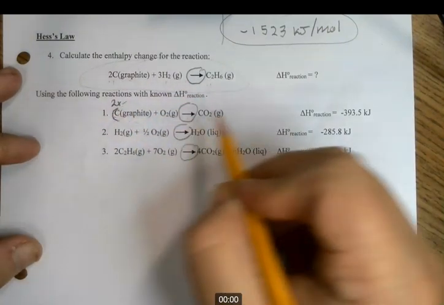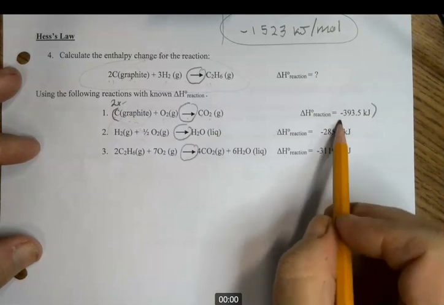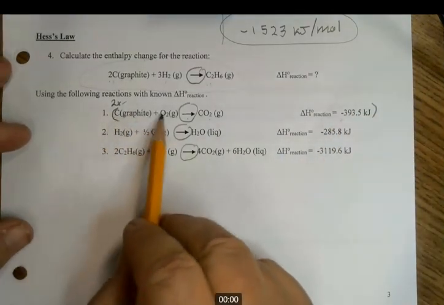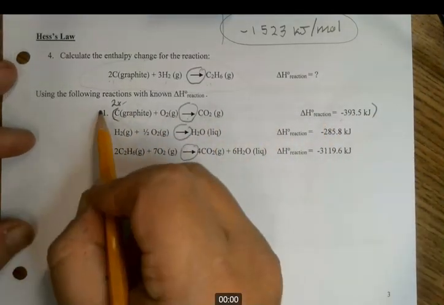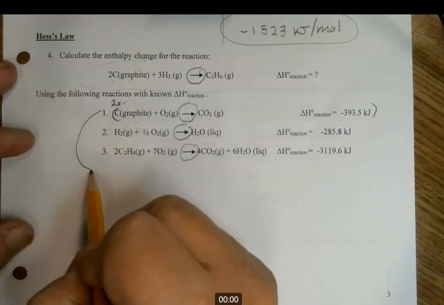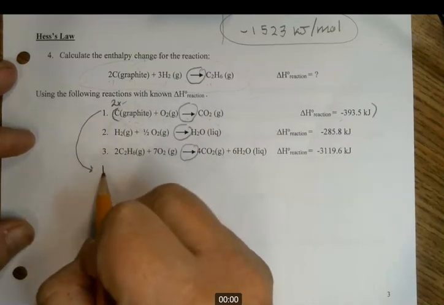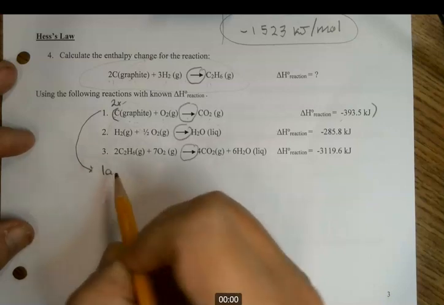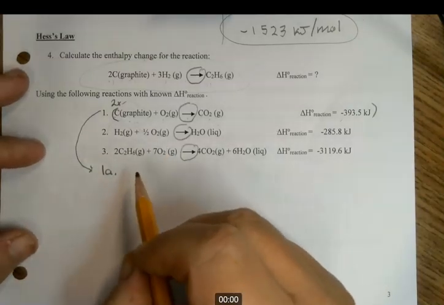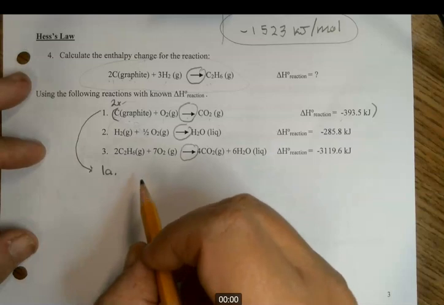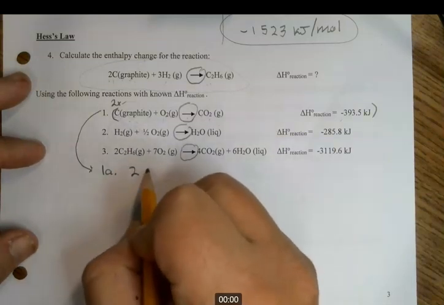So I'm going to put a parentheses around the entire reaction, including the enthalpy over here. And everything here gets multiplied by 2. So I'm going to come down here, and I keep track of my equations. I'm going to label this 1A. Do this however you find it best to keep it organized. For me, this is the way to do it. So we have 2C, and that's graphite.